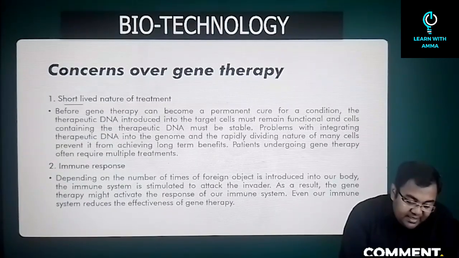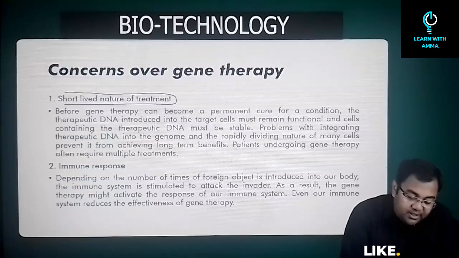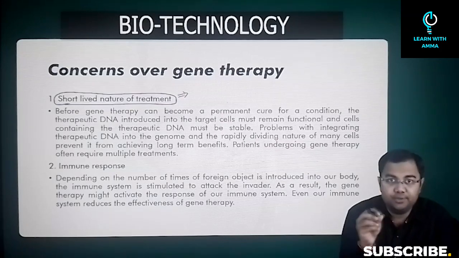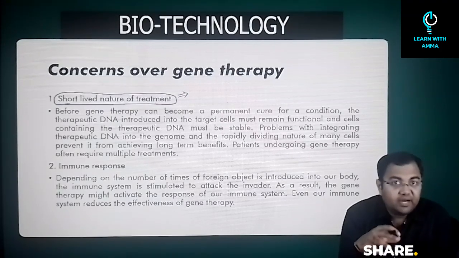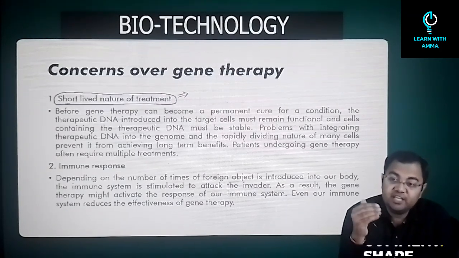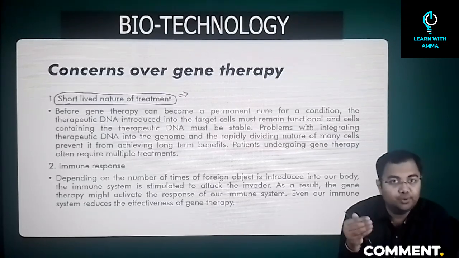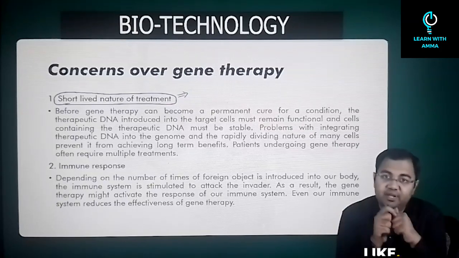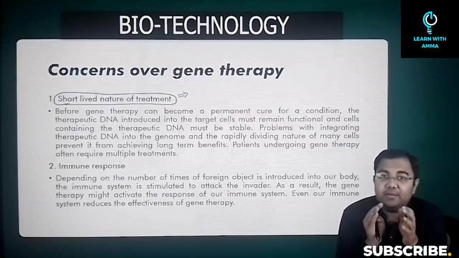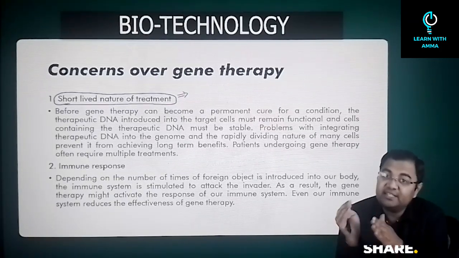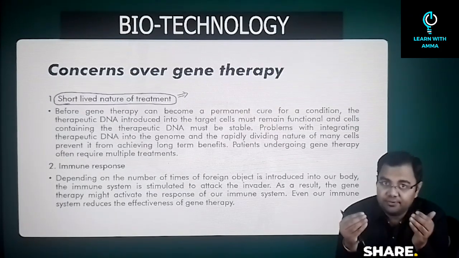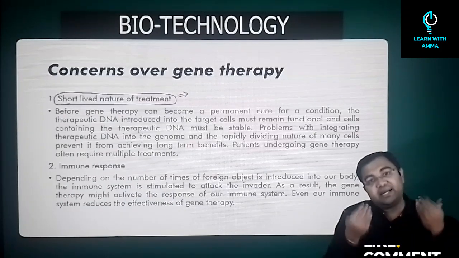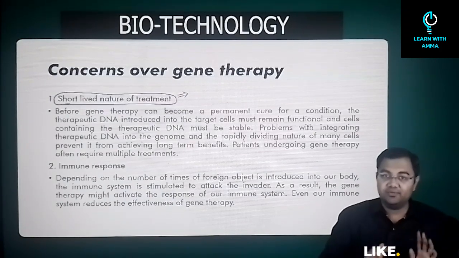First of all, we have seen that the nature of the treatment is short-lived. Now what happens is, let's say you introduce a gene. What we have discussed is that our cells will keep on dying and they will be replaced with new cells all the time. So there is rapid multiplication of cells happening in our body. Many a times, initially when gene therapy has been done, it is functional for some time, but over a period of time, the body starts to behave in a similar manner as it was behaving earlier.